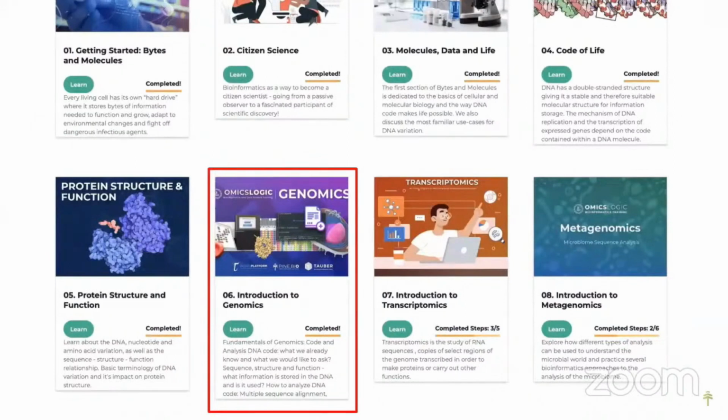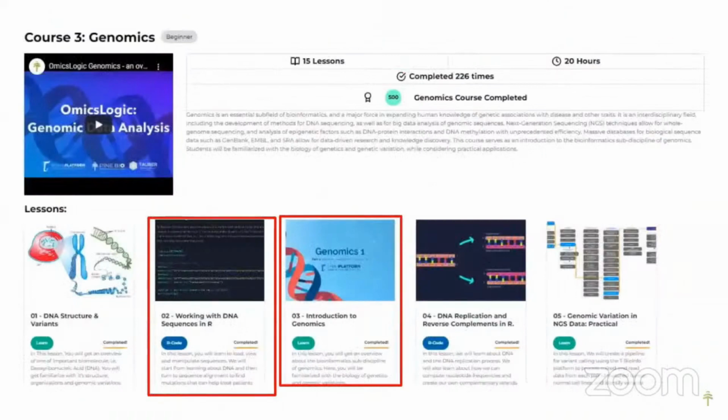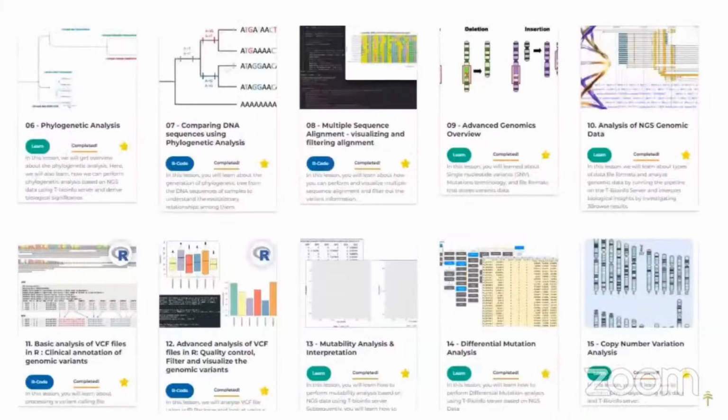If you are interested in genomics, you can also look at these additional lessons in the Course 3 course called Genomics. In Lesson 2, you will see how you can work with DNA sequences in R, and in Lesson 3, you will get an introduction to large-scale genomics. The full course contains a lot more information that you can choose to explore independently.